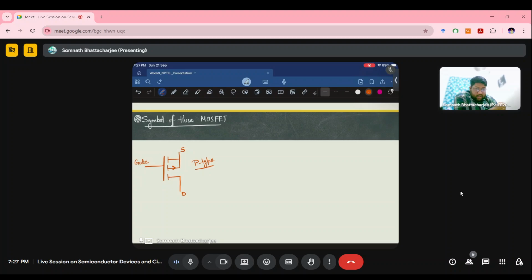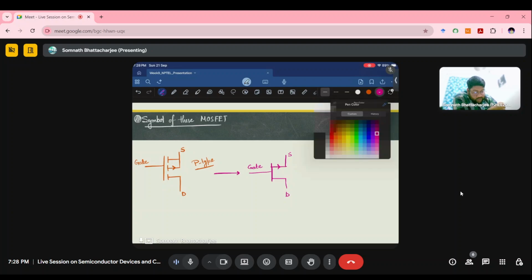To simplify this, we can draw it like this. This is the gate region, but now we have only 2 points. If we are ignoring the bulk or the body region, we can draw it as S and D, and we just have to put the arrow here. In both the cases there will be a circle over this, so I'll draw the circle later.